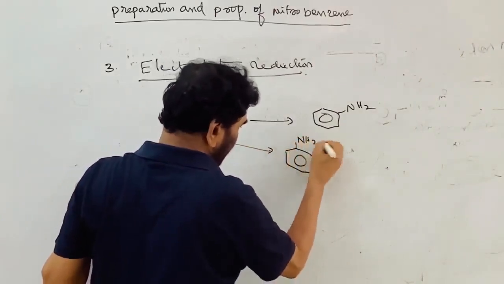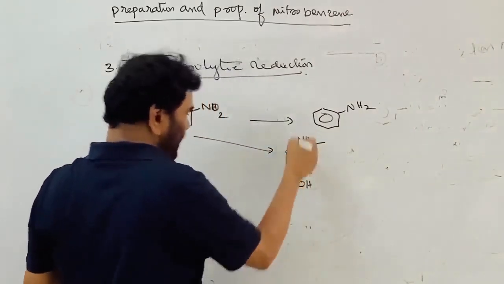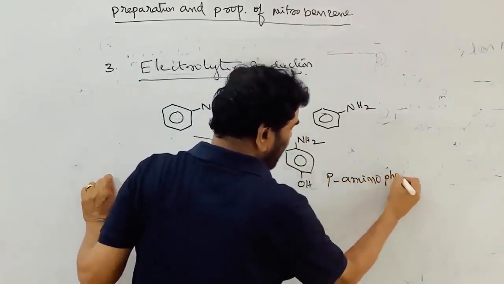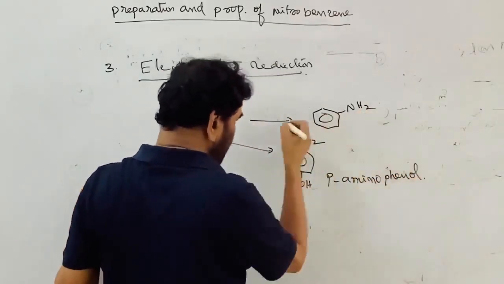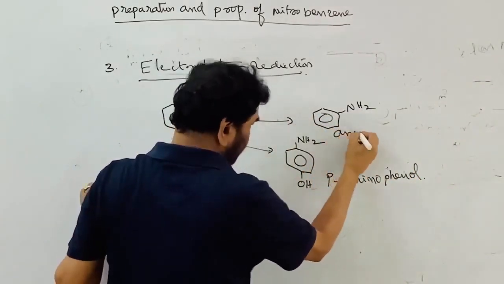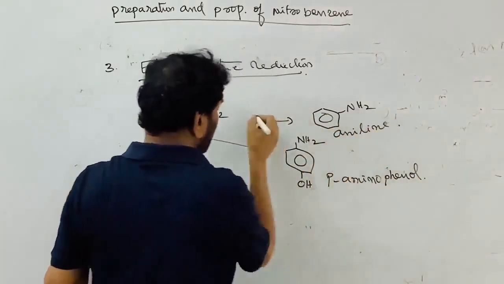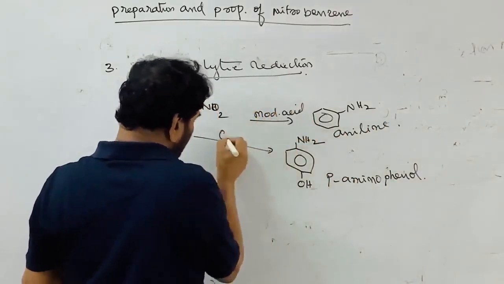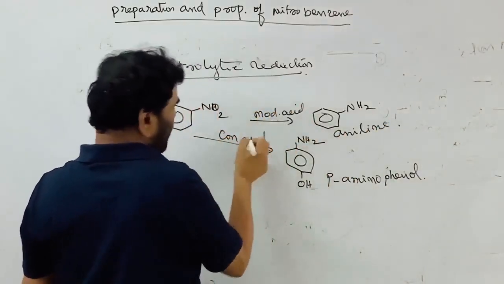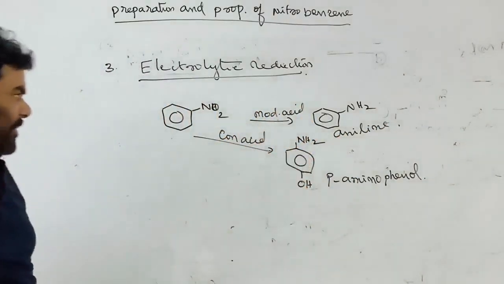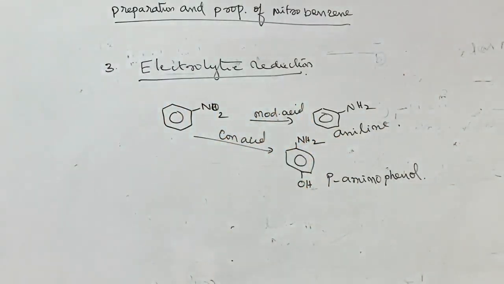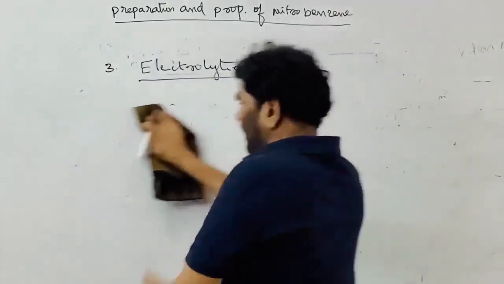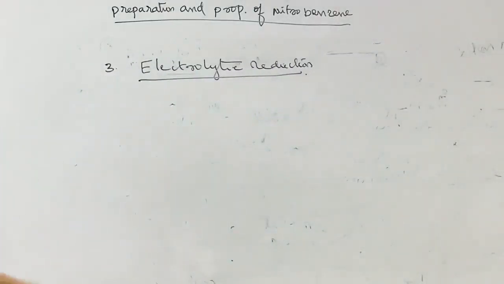This is converted into para-aminophenol. Para-aminophenol, this is aniline. Moderate acid gives aniline; concentrated acid leads to the formation of this. I told you, during the reduction, what is the sequence?